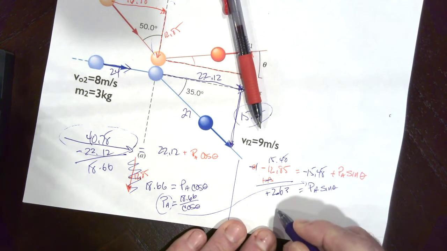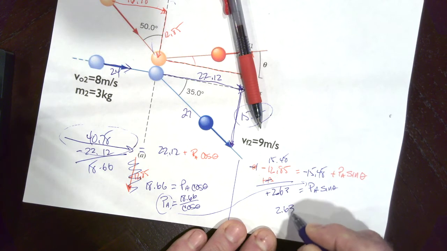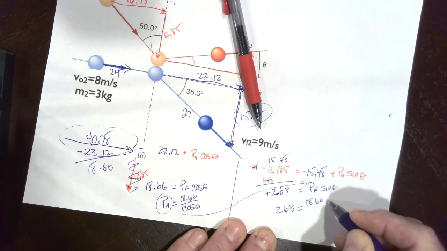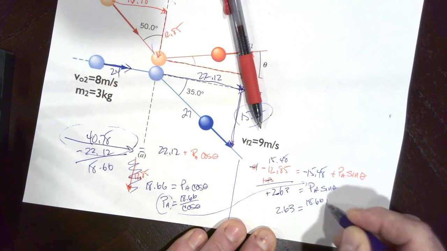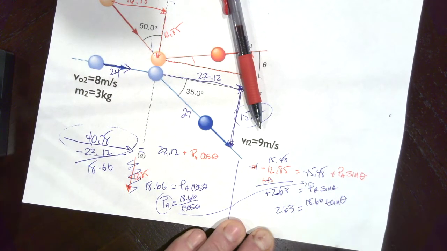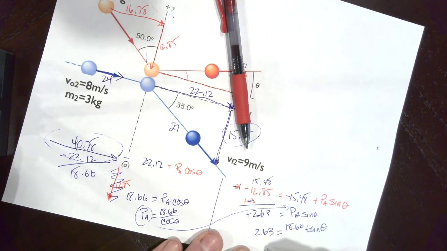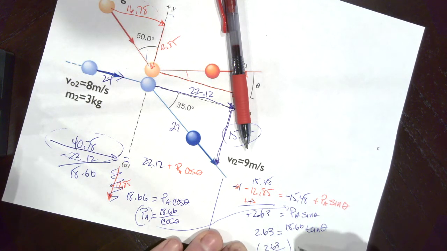I get 2.63 equals 18.66, sine over cos theta gives me tan theta. This is a point where I could solve for theta. So you've got 2.63 divided by 18.66. Take the arctan of that.